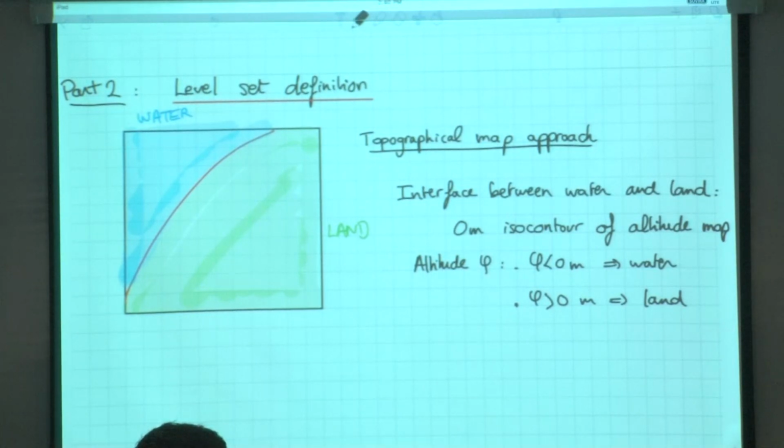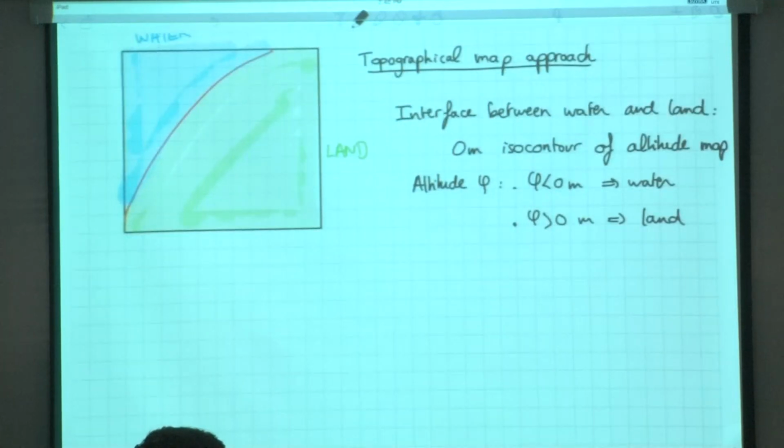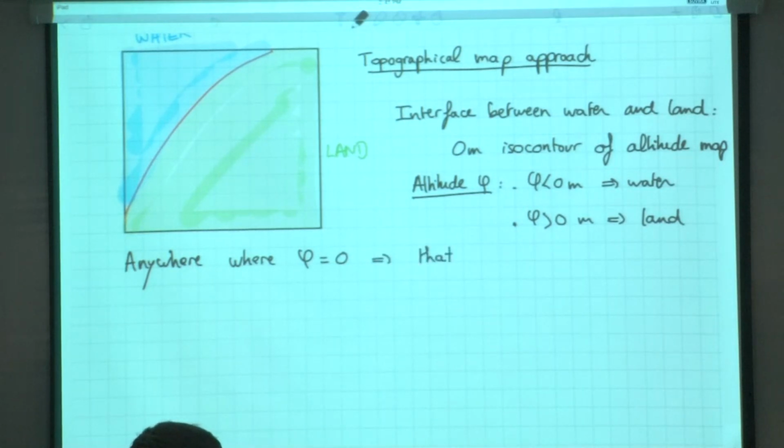Concretely, with our altitude phi, anywhere where phi is equal to 0, that's the location of the interface.